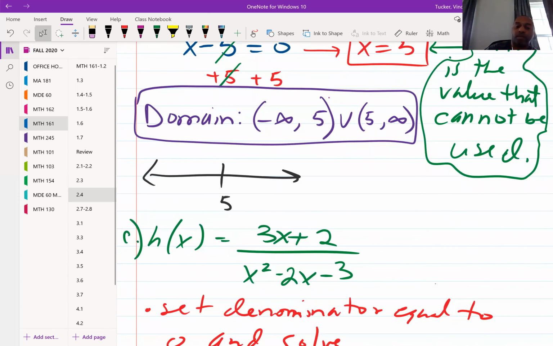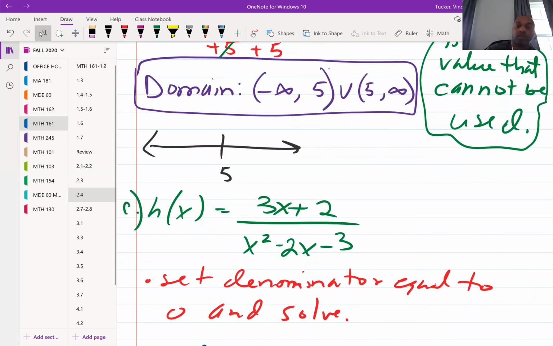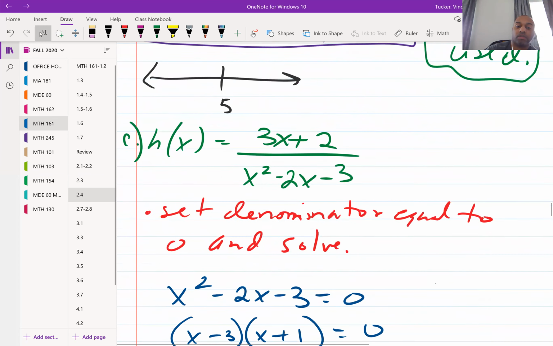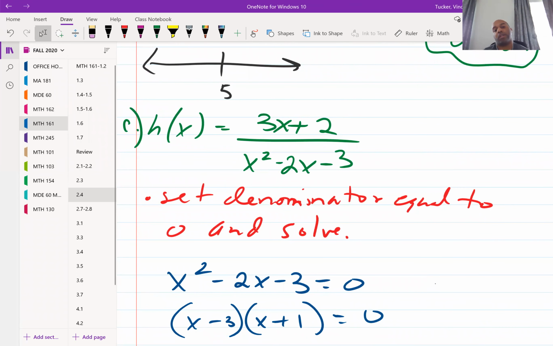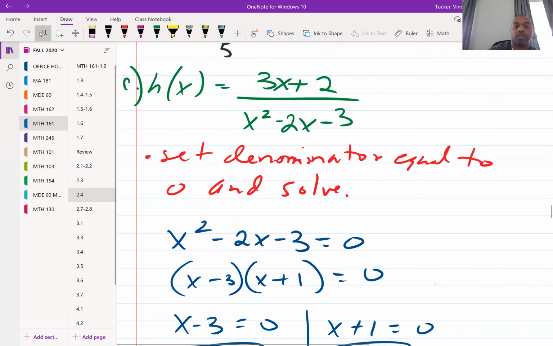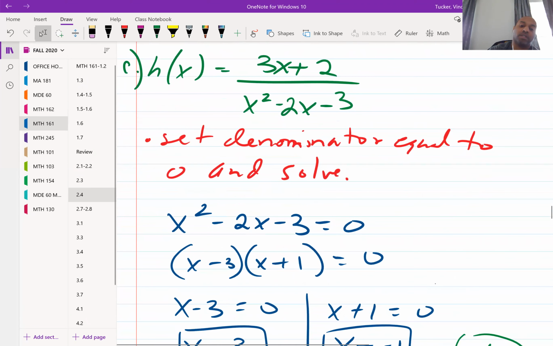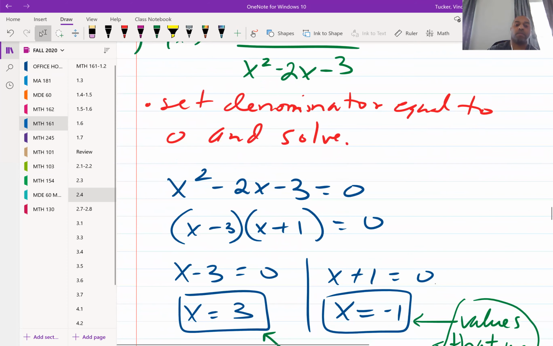We'll set the denominator equal to 0 and solve. x squared minus 2x minus 3 equal to 0. I decided to factor. So x minus 3, x plus 1. Get x equal to 3 and x equal to negative 1.